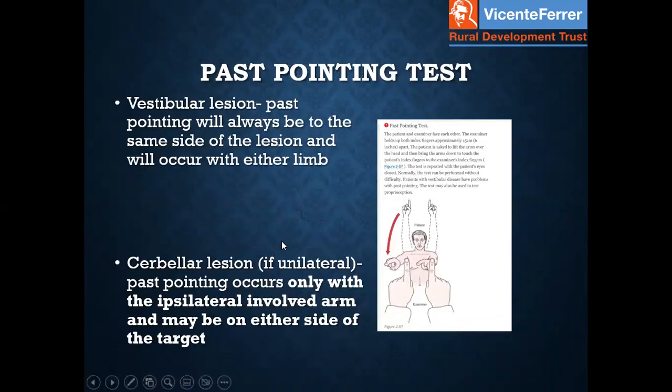This is the fast pointing test. In vestibular lesion, fast pointing will always be to the same side of the lesion and will occur with either limb. We'll ask the patient to outstretch both upper limbs, and we'll ask them to touch our two index fingertips.